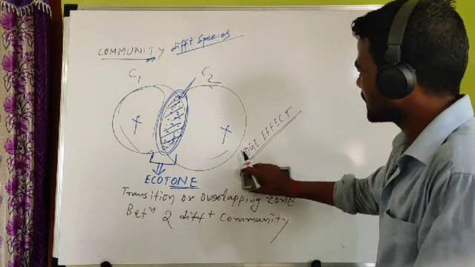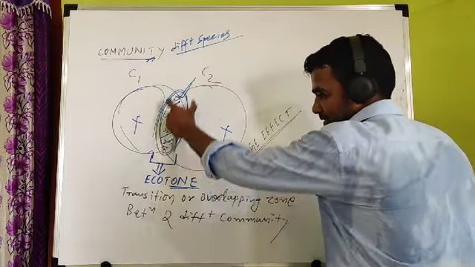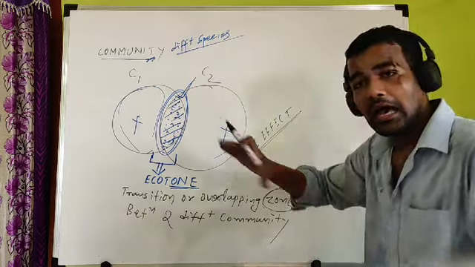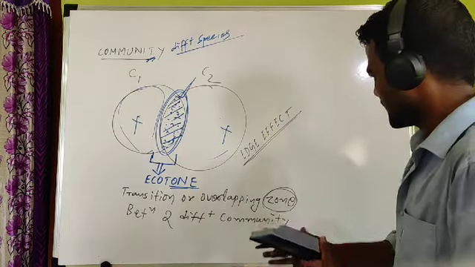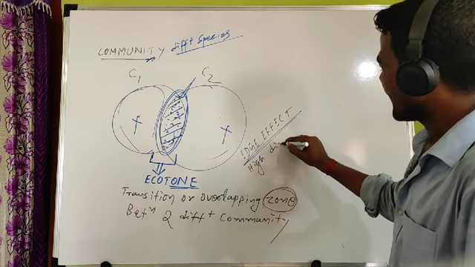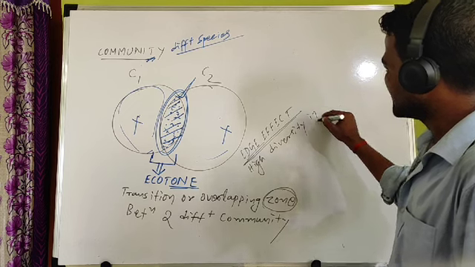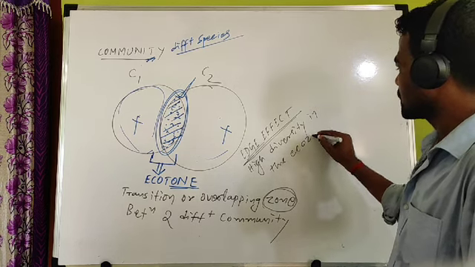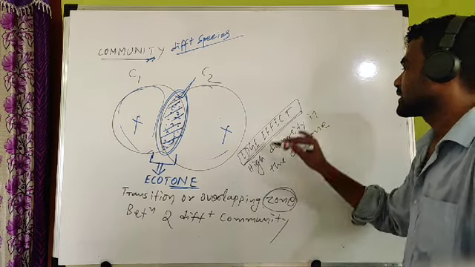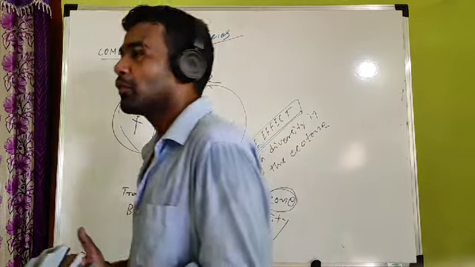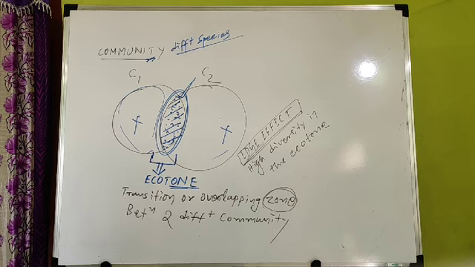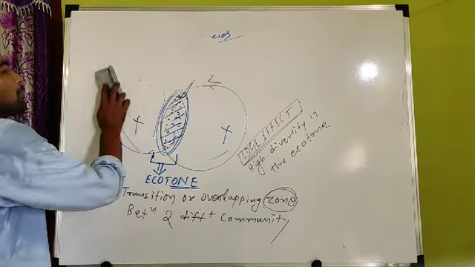High diversity in the ecotone zone, which is the overlapping area, where a high number of species are found. So ecotone and edge effect are the two important terms associated with biotic community. You have to remember ecotone and edge effect. So perhaps it is clear.